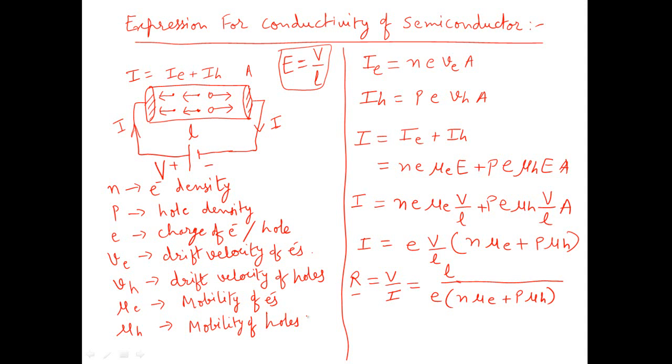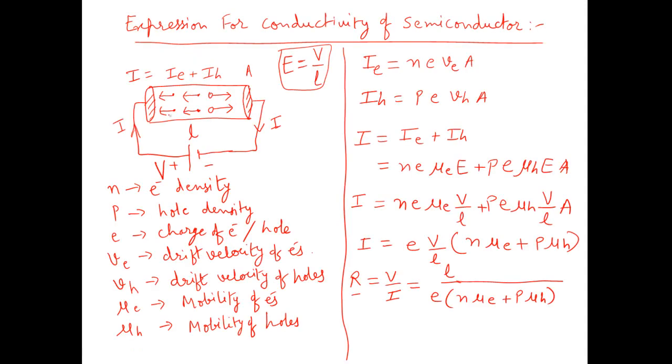Now you know that the resistivity is defined as rho is equal to R into A by L, where R is the resistance of the specimen, A is the cross sectional area, and L is the length of the specimen.